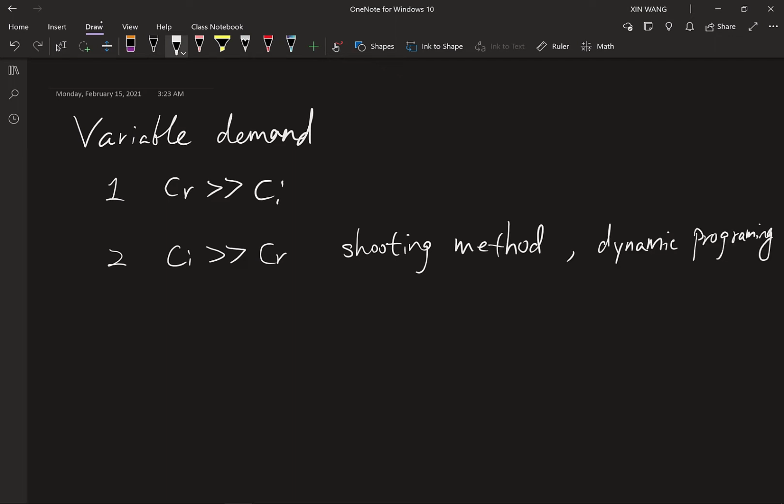For a general case, where the inventory waiting cost and the rent cost are to be considered at the same time, the problem becomes much more difficult. Typically, there's no simple way to get a closed form. In this case, we will try to extend the dynamic programming method and then develop an efficient algorithm to solve the general case.